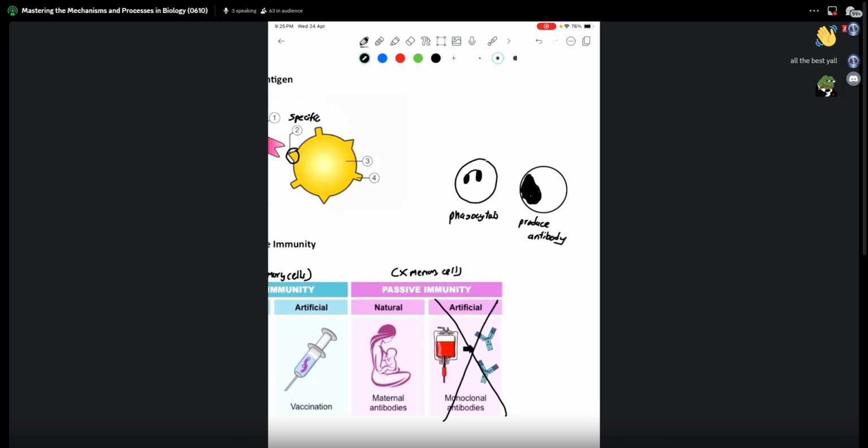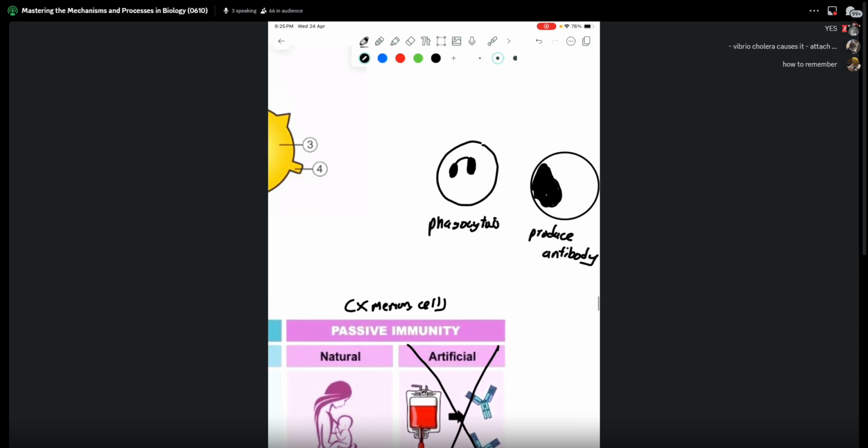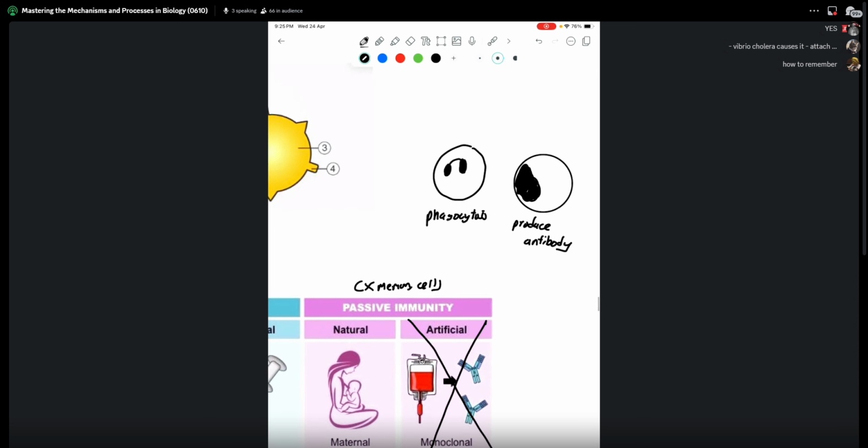Is this a good summary? I hope you understand this, by the way. The phagocyte looks better, not gonna lie. It has more nucleus, of course.